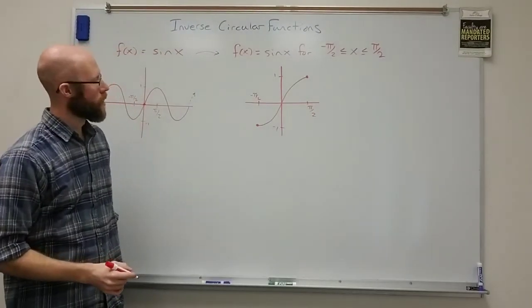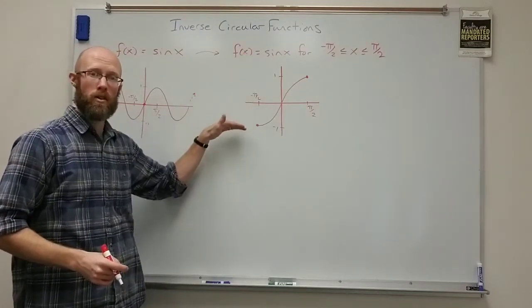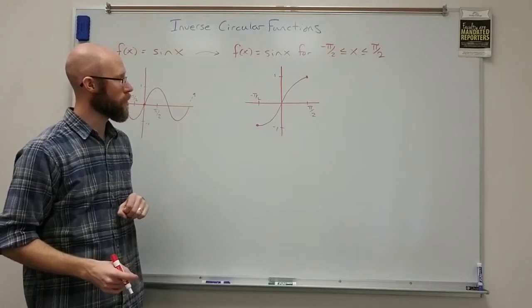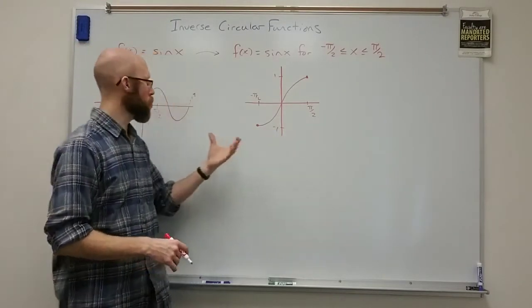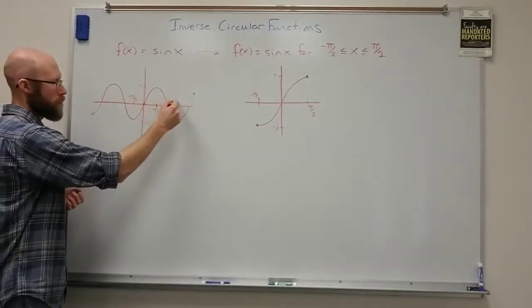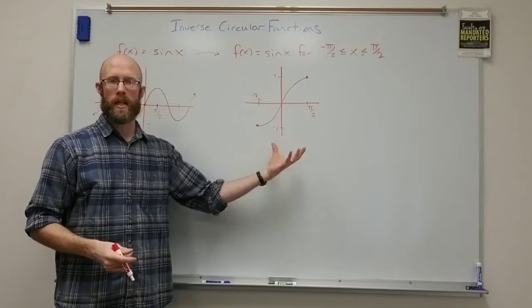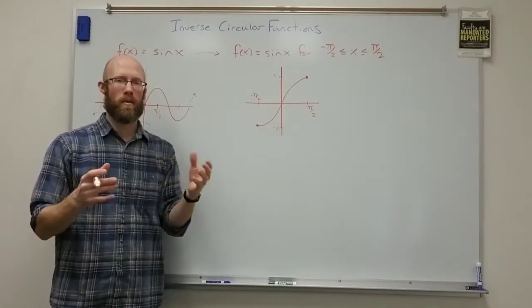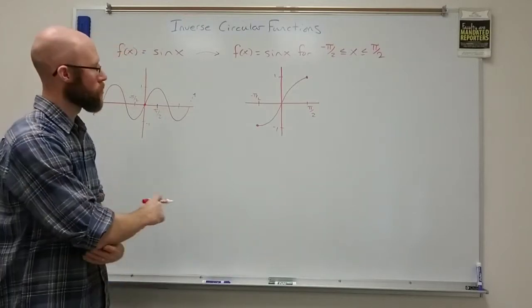So that's a nice one-to-one function. It does incorporate the entire range of the sine from -1 to 1. And we've got nice values here. We could have chosen to go from π/2 to 3π/2 or some other interval, but this one just seems to be nice. It includes the origin. It's centered nicely. It's got some symmetry to it. So this is the one we choose.